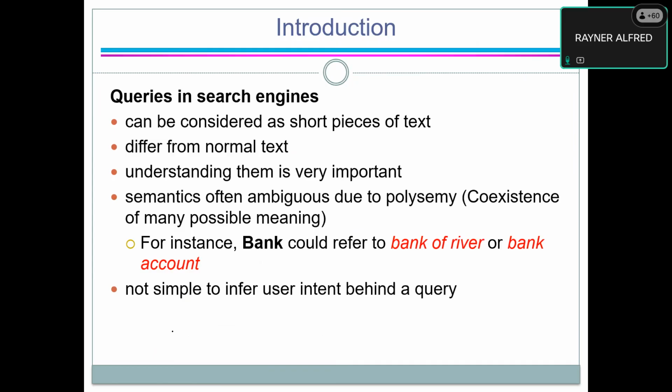So when we see a single term here, it's not enough for us to infer what the meaning is. What is the meaning of the bank? So we need to see how the bank is used in the context of the other terms mentioned in your query. So bank of river, bank account, and so on.